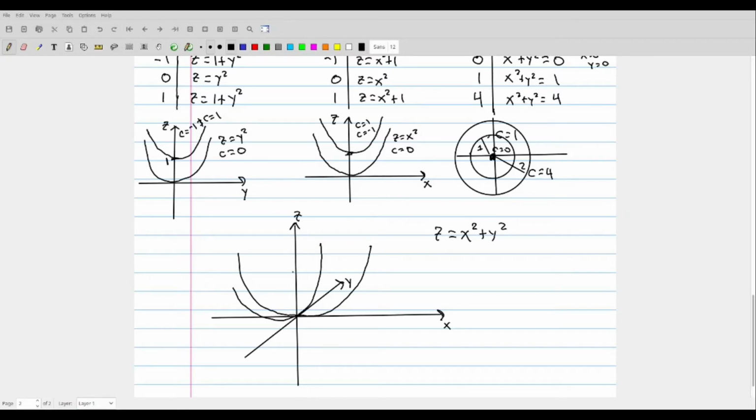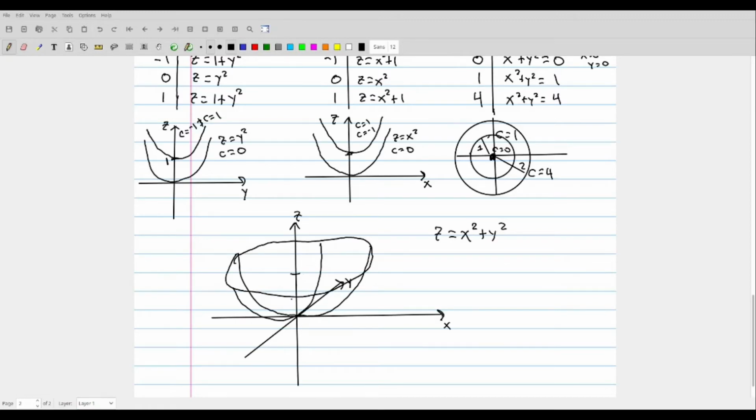And then for any fixed value of z, you have circles of varying radii. So for any fixed value of z, you have these circles.